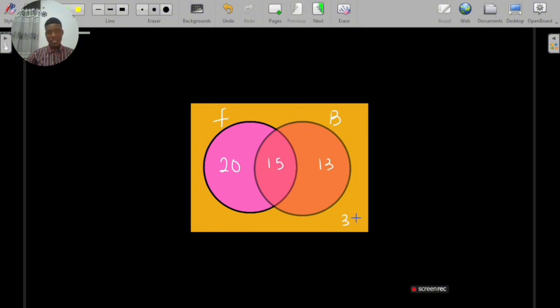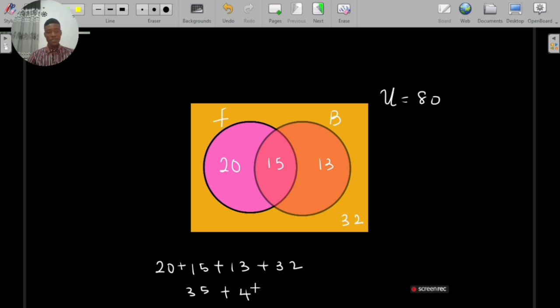Then we have 32 of them who play neither football nor basketball, while the universal set is equal to 80. So you check if you are correct or not. You do 20 plus 15 plus 13 plus 32. 20 plus 15 is 35. 13 plus 32 is 45. When you do the total, you have 80, which means you are correct.